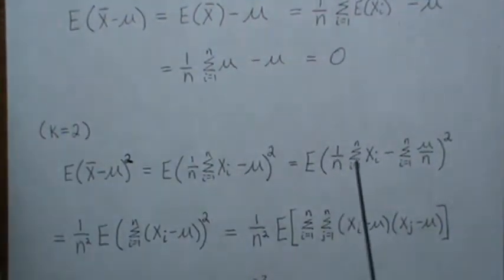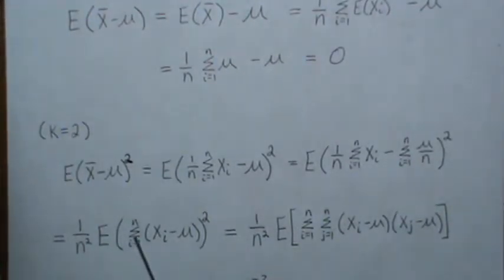And then you can write this as one sum, the sum from i equals 1 to n of xi minus mu, and then that quantity squared. So now let's square this, and you get this. So it's this times this, well, this times itself with a different index, and then you combine the sums to the left.